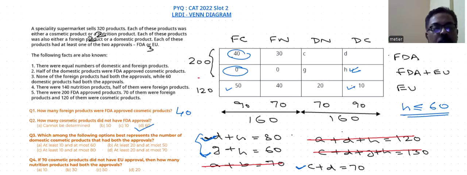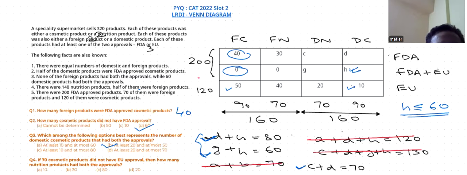Now check the options. The problem here is that only one option is satisfying. For this particular question, we are able to mark our answer. Sorry, I have marked it wrong.